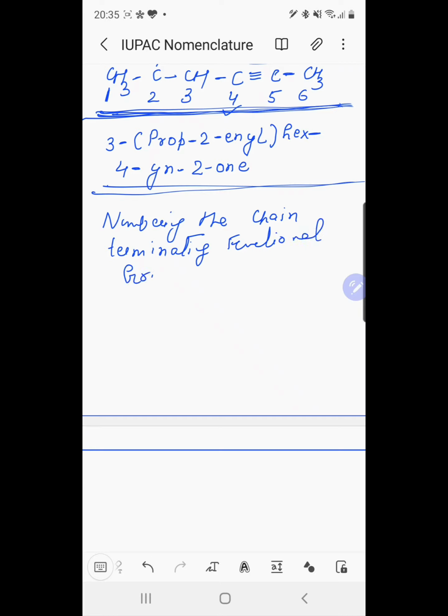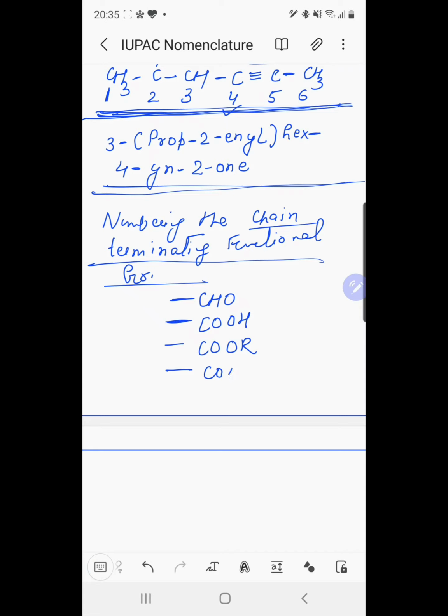When a chain terminating functional group like CHO, carboxylic group, ester group, amide group, chloride group, cyanide group.